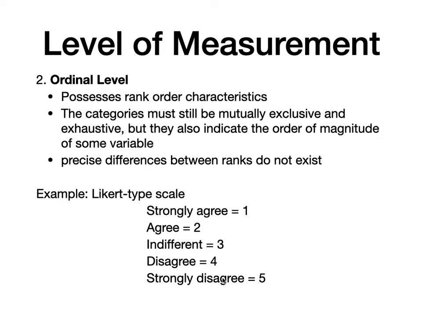So let's have another common example of a variable belonging in the ordinal level. Let's take for example the sizes of shirts. We have small, medium, and large. So we still have categories.